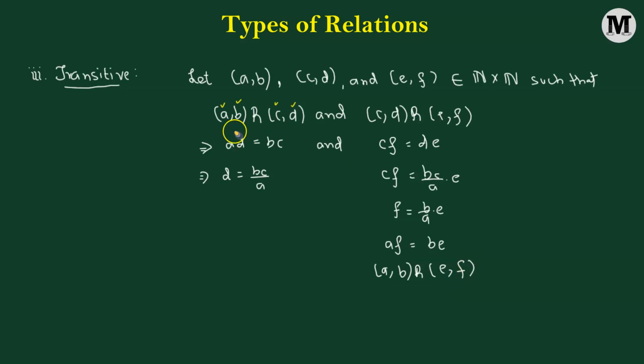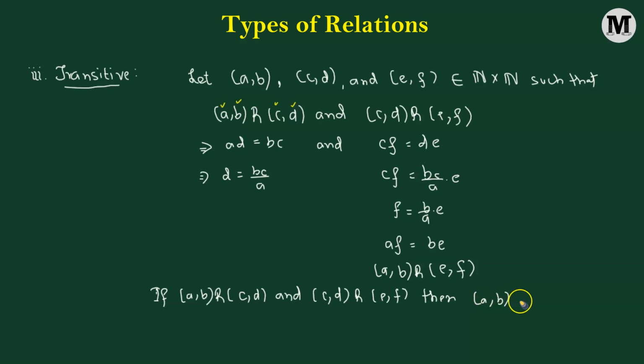So here we started out by considering, so let's write it down. So if the ordered pair A comma B is related to the ordered pair C comma D, and the ordered pair C comma D is related to the ordered pair E comma F, then we were able to show that the ordered pair A comma B is also related to the ordered pair E comma F, for what?